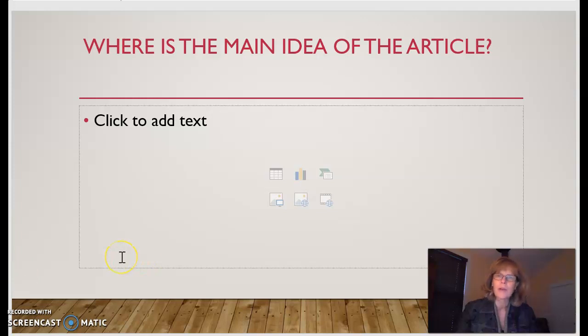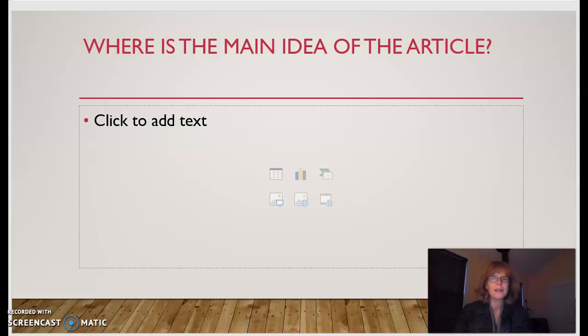And so here's my next question. Where did you find the main idea of this article? As you're reading the article, I hope you will be attentive to finding some of the main idea sentences. Where did you look? Where did you find the main idea for this article?